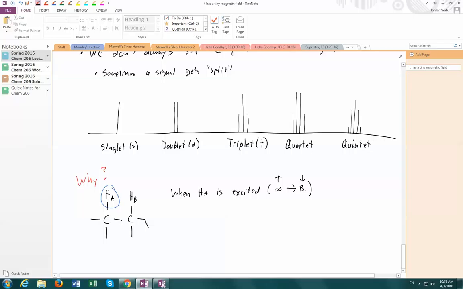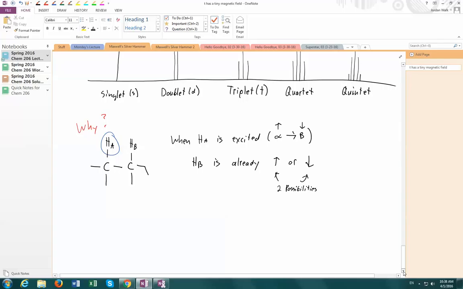And so when we do this excitement, HB is already either spin state up or spin state down. So there are two possibilities for HB. For that matter, there are two possibilities for HA, but that's the one we're doing the experiment on, so we don't have to worry too much about that, because we're going to blast that equilibrium into non-existence with our pulse.